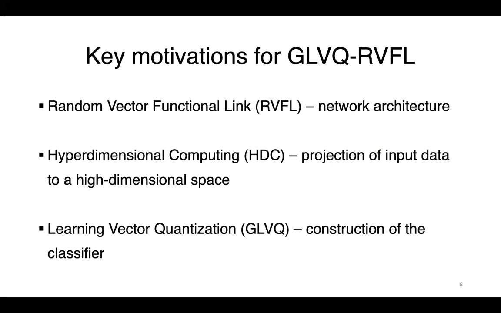Second, from hyperdimensional computing, the network projects the input features to a hyperdimensional space prior to training, which is a hyperdimensional computing operation. And third, from learning vector quantization, the network trains network weights using a learning vector quantization classifier. If some of these terms seem unknown, I will be getting to them very shortly.